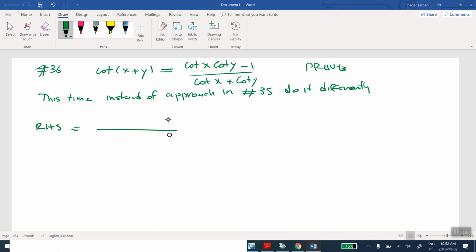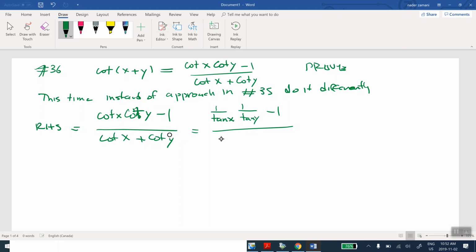Now the right-hand side looks like this: cotangent of x, cotangent of y, minus 1 over cotangent of x plus cotangent of y. So what I'm going to do is write these in terms of tangent. So 1 over tan x, 1 over tan y, minus 1 divided by 1 over tan x plus 1 over tan y.